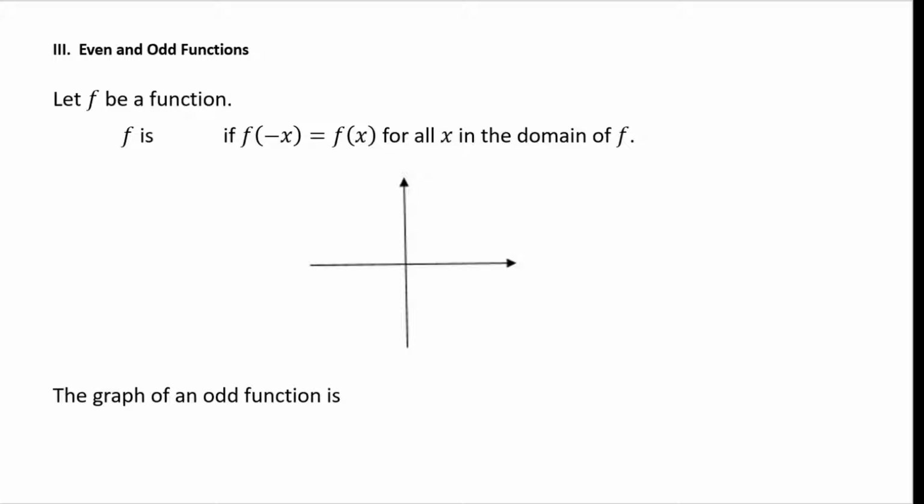Now, let f be a function. We say f is odd, not peculiar, but odd, if f of minus x equals minus f of x for all x in the domain of f. What this means is that the graph of an odd function is symmetric with respect to the origin, and this is a difficult thing to visualize.